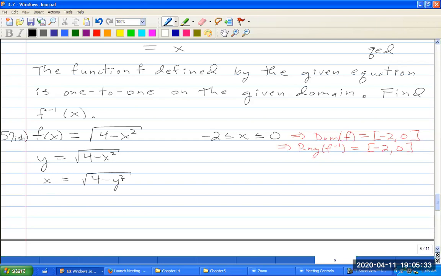Square both sides of my equation. And so I get x squared equals 4 minus y squared. Solve for y, so add y squared to both sides of my equation. Subtract x squared from both sides of my equation.